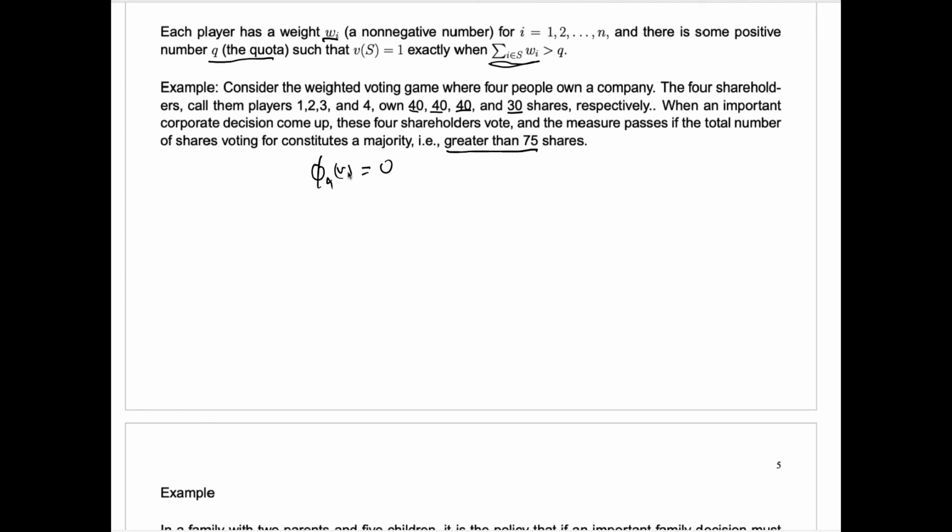And by symmetry for the other three players, we have V1 equals V2 equals V3 equals 1/3. So even though they all hold shares of stock, player 4 holds almost as much as the other players. Player 4 has no say in anything in this sort of voting system.